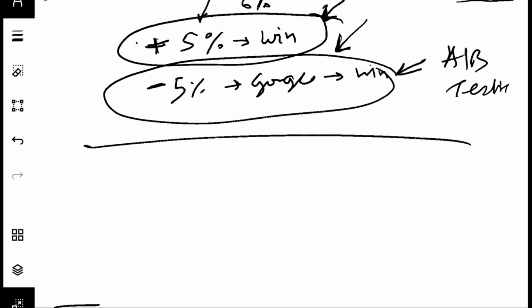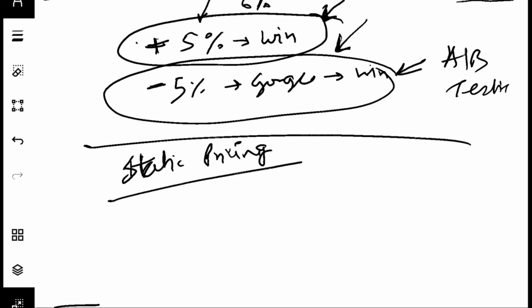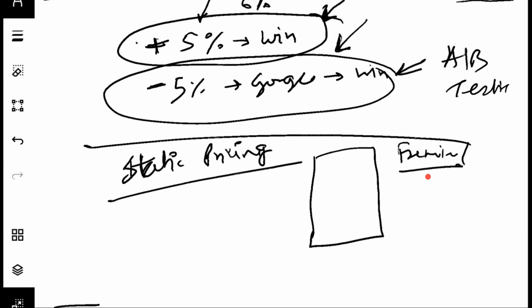That brings us to the other subject we started off, which I should have talked about before, which is static pricing. But static pricing may not be applicable to the example that we've been carrying through, so I will take the other example that we have. Let's say it's a freemium app, meaning there's a free component and then there's a paid component, and in the paid component you might have 3 levels or 2 levels.